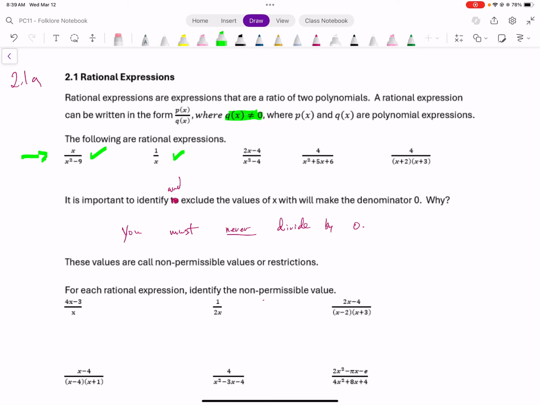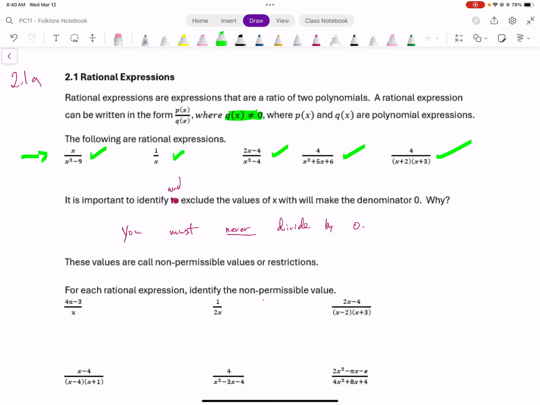But regardless of your view, 1 over x is defined as a rational expression. Same with the rest. These are all rational expressions because the numerator and the denominator are both polynomials.